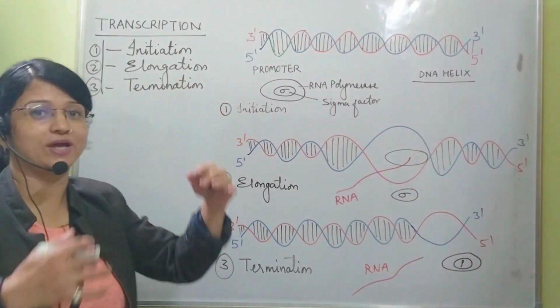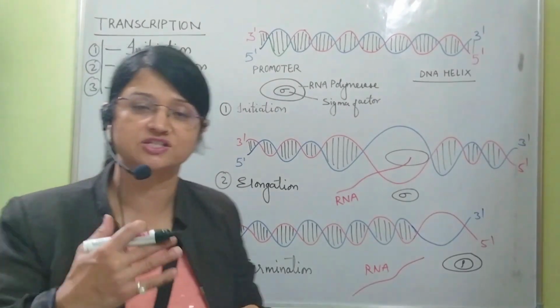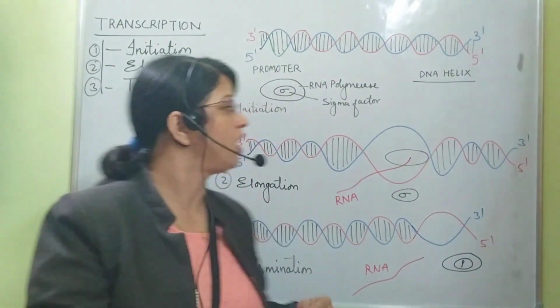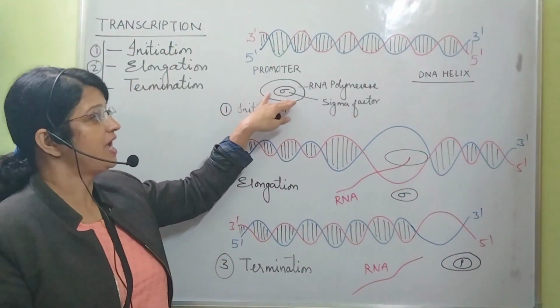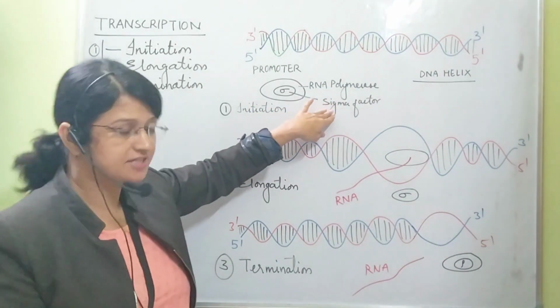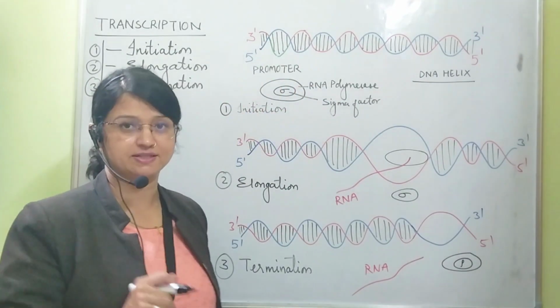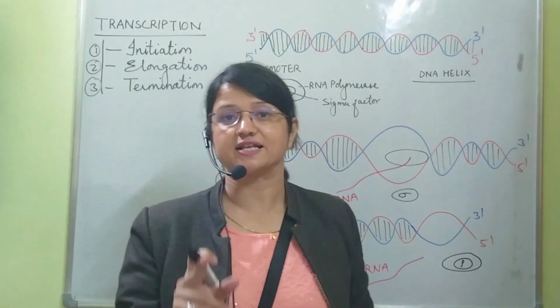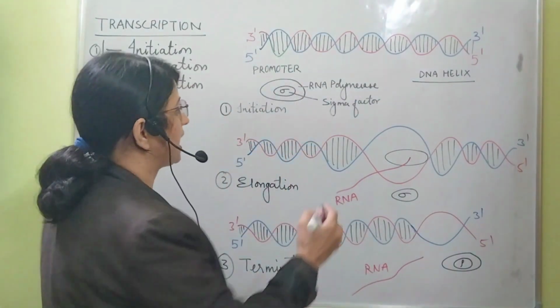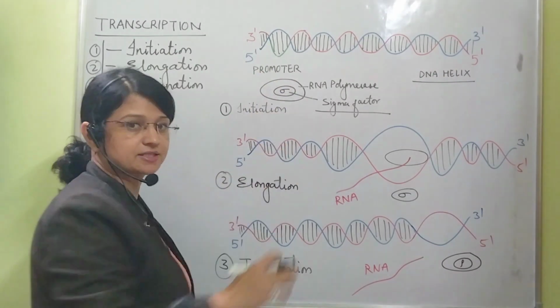So what happens when the process of transcription is to be initiated or started? The RNA polymerase will bind with the sigma factor. The sigma factor will come and bind to the RNA polymerase. This sigma factor, as I told you earlier, helps us to recognize the promoter site.